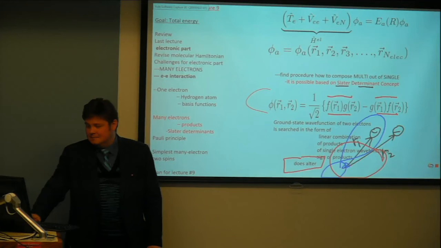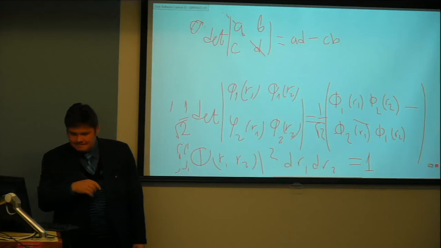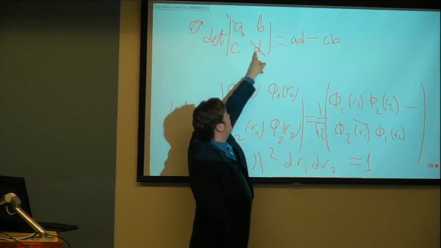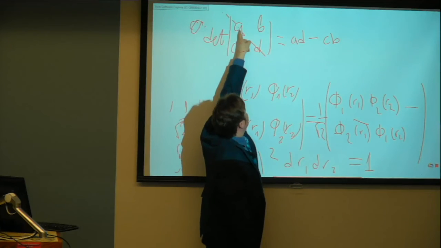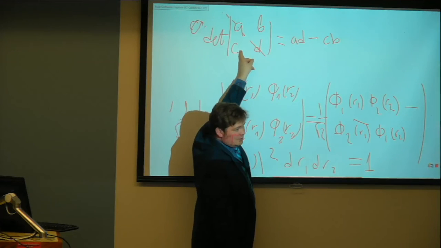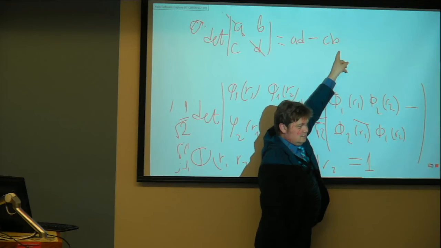And now let's recall maybe your first meeting in linear algebra, the definition of a determinant. So if you have a 2x2 matrix, the concept of the determinant will be diagonal minus off diagonal, right?